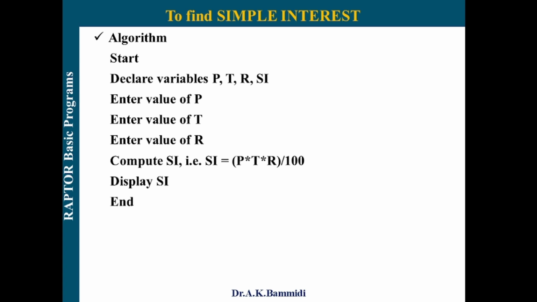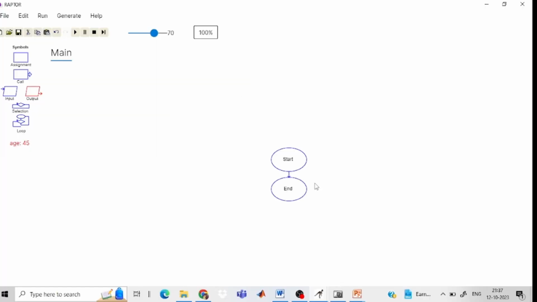Now we will execute the same in the Raptor tool. I have opened a new one. So the input variables, as discussed in the algorithm, P, T, R. So I am taking an input symbol.